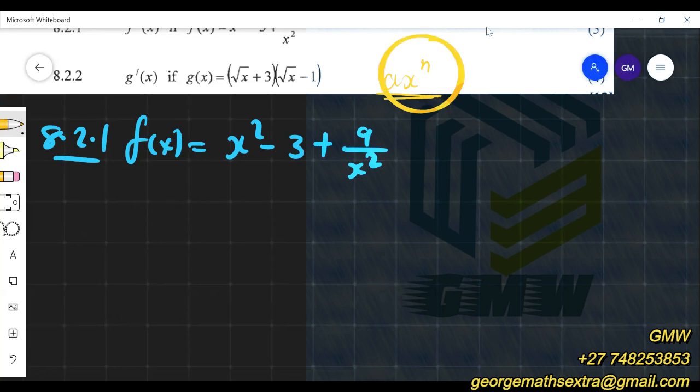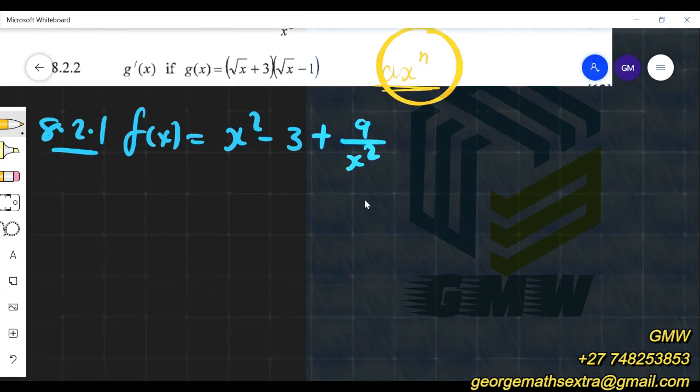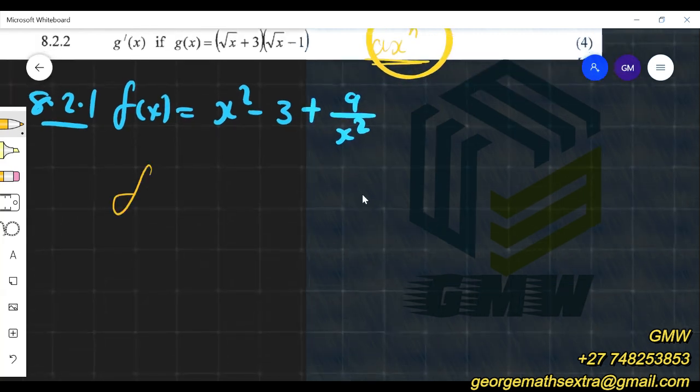So the first thing to do is to make sure that the given equation is written in the format that you know how to differentiate. Since we are not differentiating yet, we still write f of x equals to.